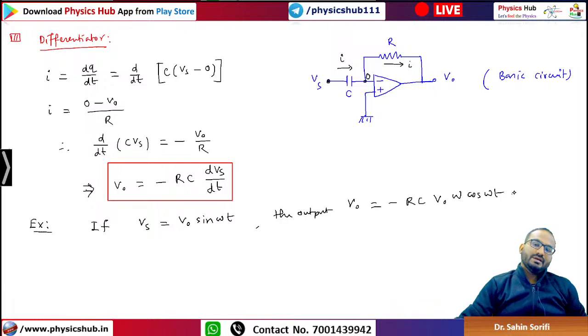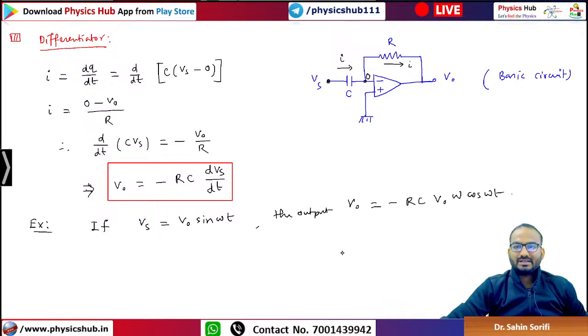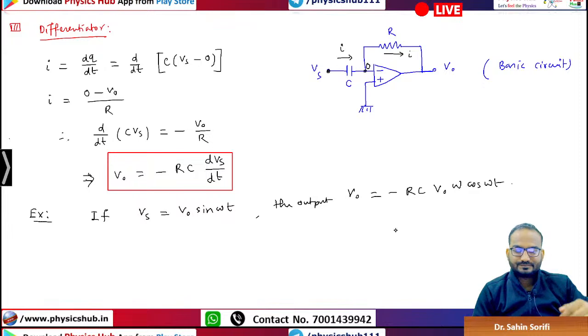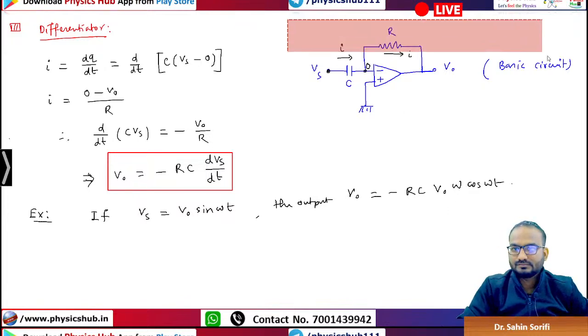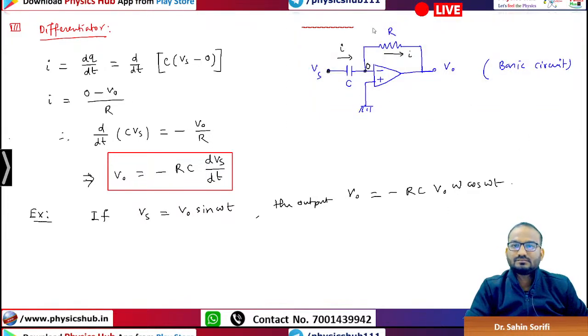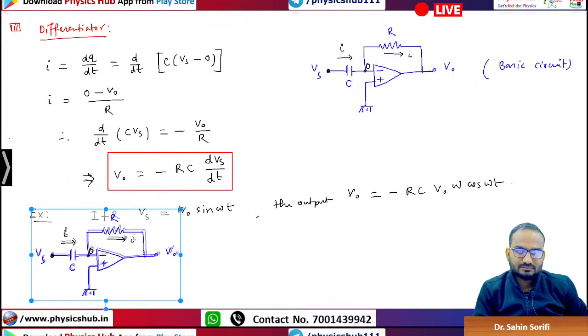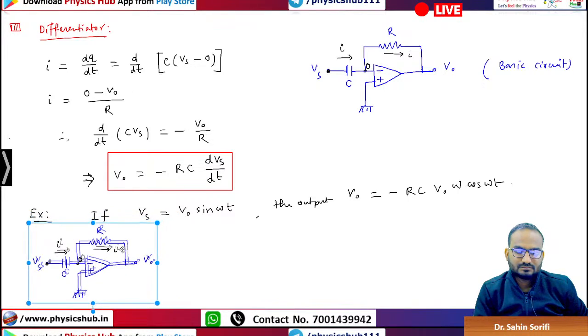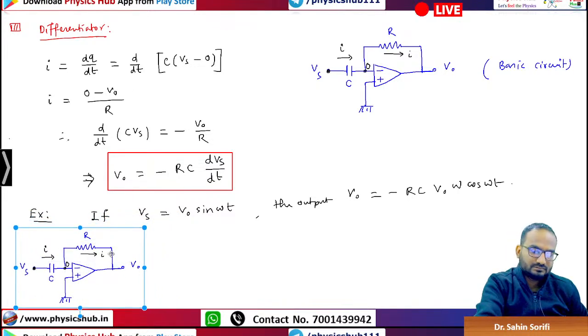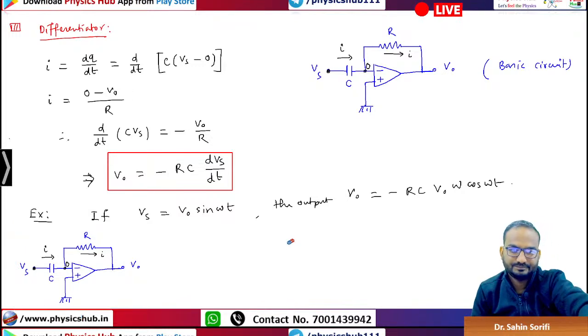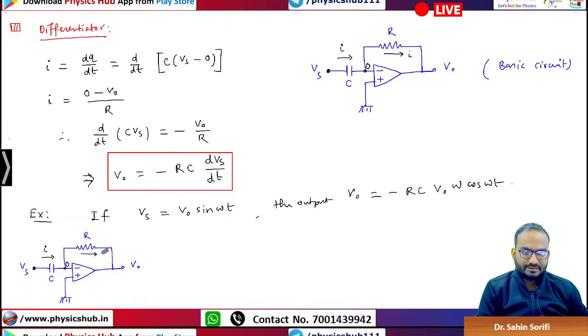Now this is the basic circuit. What changes will be there in the practical circuit? I'm just omitting these things, but I need to be very careful while omitting things.